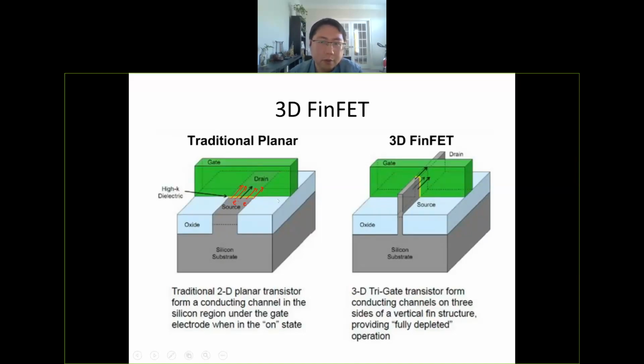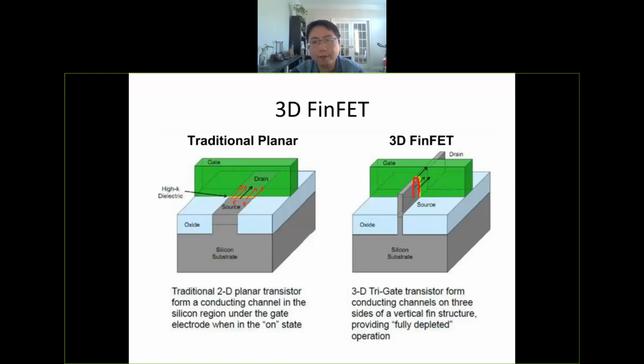Okay. To increase the gate control, the idea is to build this three-dimensional structure, and we call it a fin. It's a very thin wall, like a fin of a fish. And the gate now is surrounding the two sides of the wall, or two sides of the fin. So the gate can wrap around the fin.